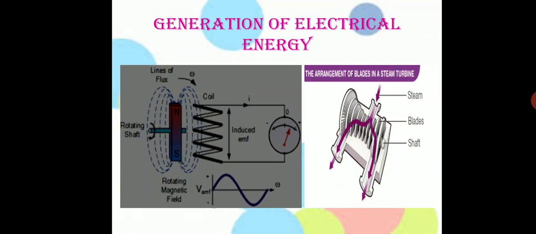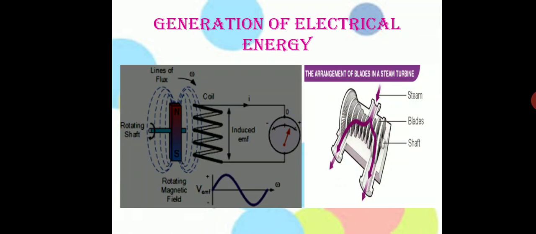Generation of electrical energy. Most of the electrical power plants are based on the principle of electromagnetic induction, which was invented by Michael Faraday. According to this principle, whenever the magnetic field around a conductor changes, a potential difference is generated across the conductor. The field around the conductor can be changed in two ways.